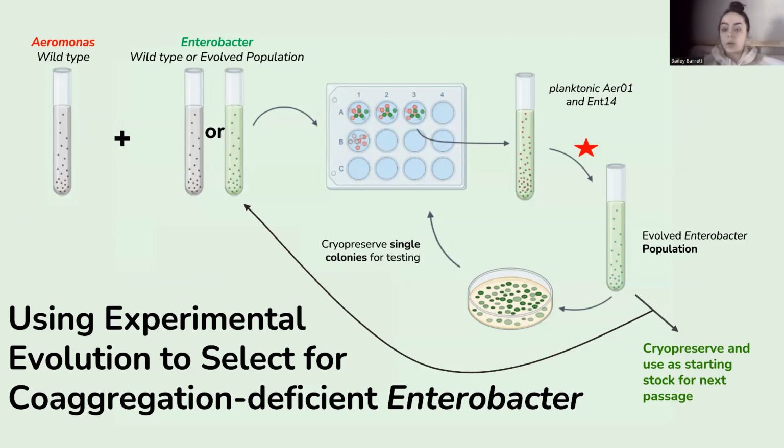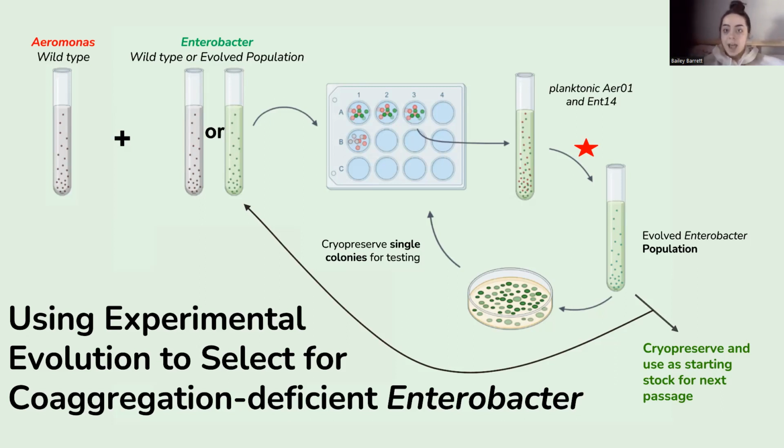Of course, when I was pipetting the planktonic Enterobacter off, there's both Aeromonas and Enterobacter in the solution. Our Enterobacter was GFP labeled and also had gentamicin resistance. So to separate them from one another, I treated with gentamicin and then grew those overnight again, and then boom, more Enterobacter, good to go.